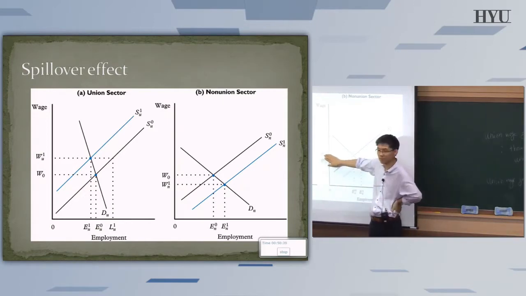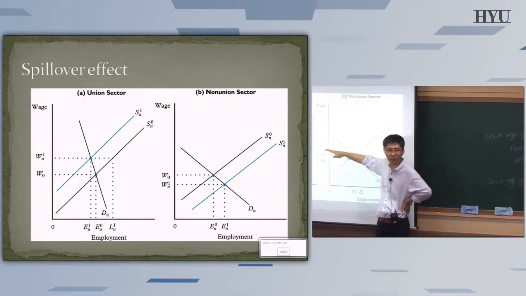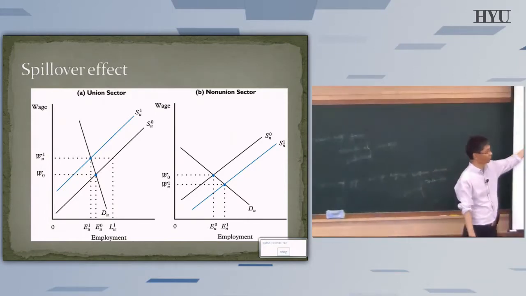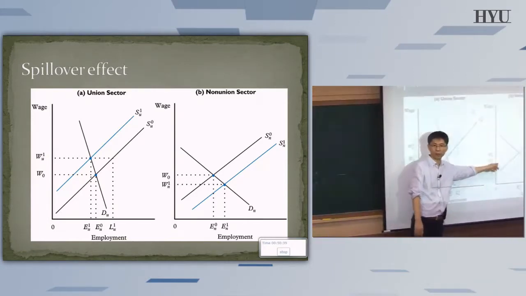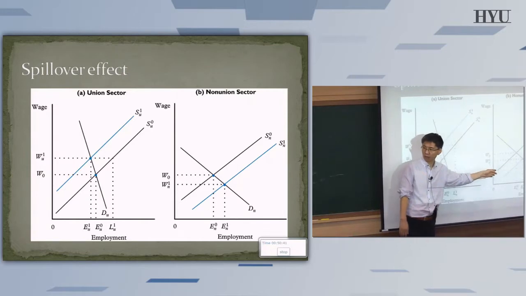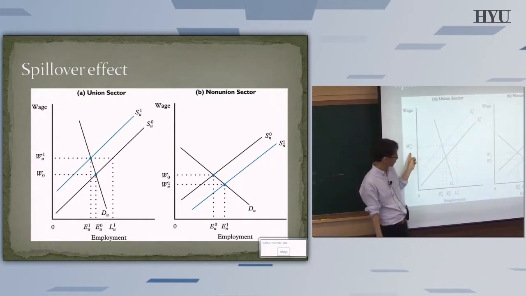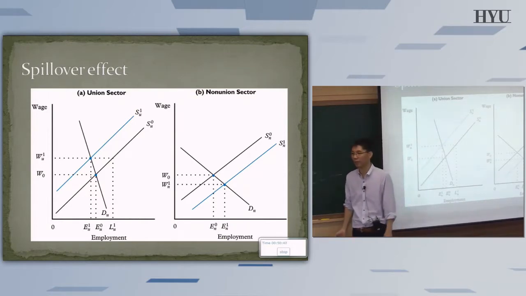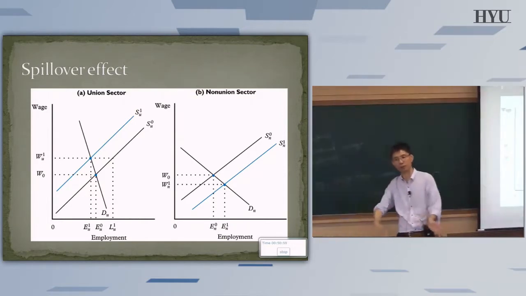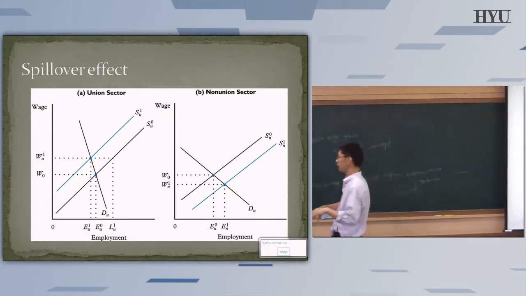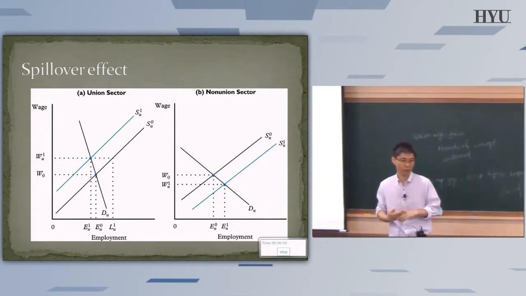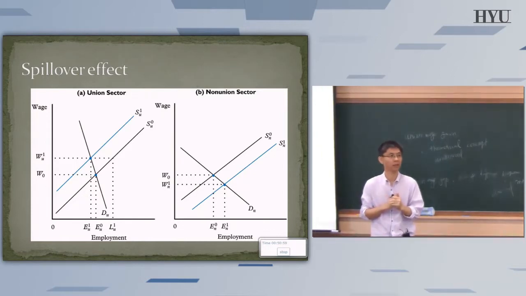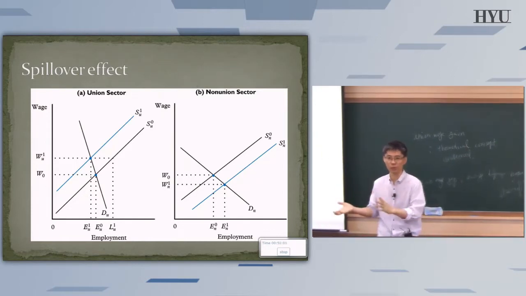So we don't see W0. What we see here is that after unionization, we see WU1 and WN1. So what does it mean? It means that if this spillover happens, this is called spillover, right? Workers are spilled over into the non-union sector. And non-union workers' wage would be lower than the pre-union wage.